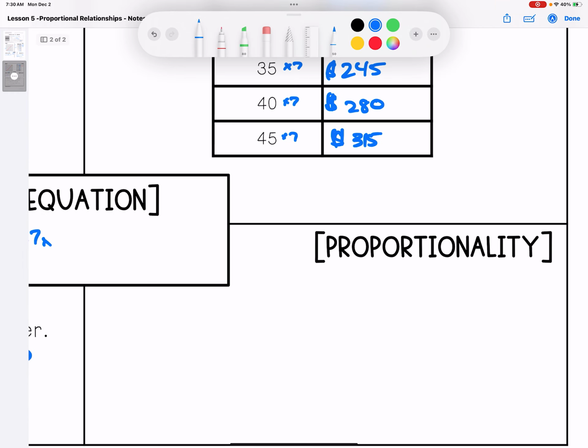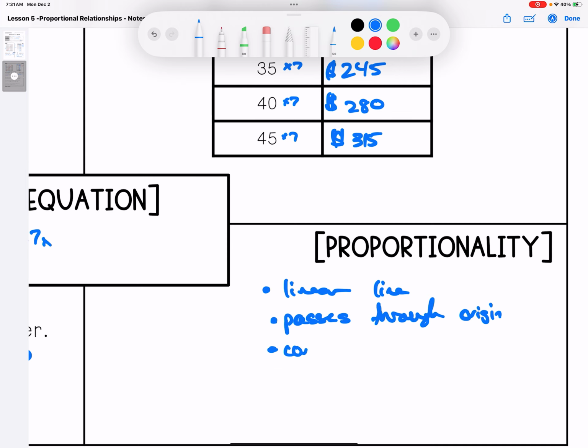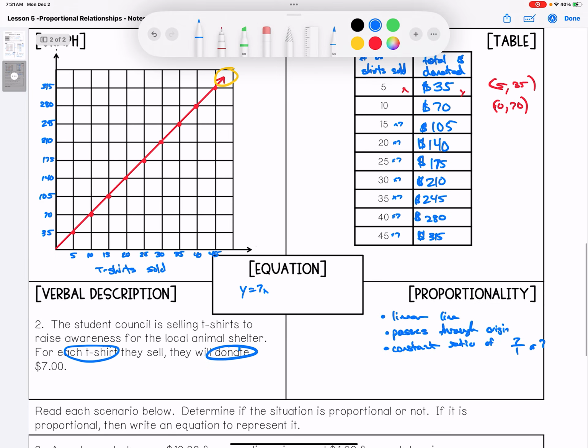Now we just need to tell everybody why it's proportional. 3 things: linear line, passes through origin, and the third one, constant ratio of 7/1 or just 7. Linear line, pass through the origin, and constant rate of 7.